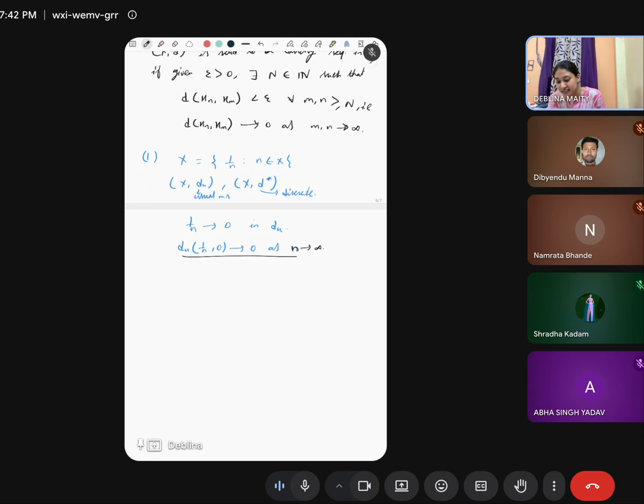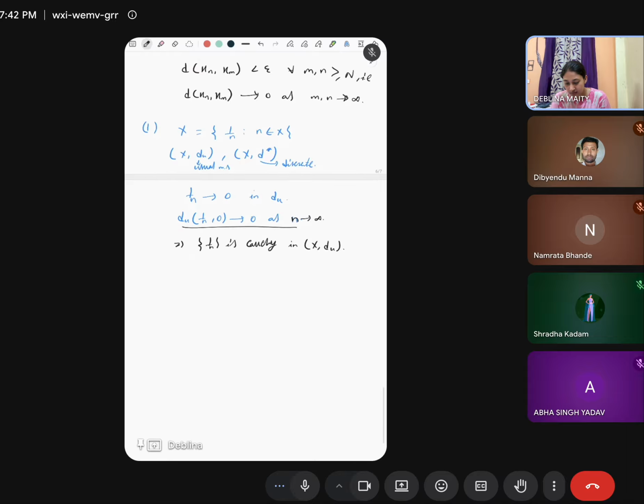Since it is convergent, and convergent always means Cauchy, 1 by n is Cauchy in X with du. Now, is it Cauchy in the discrete metric space?